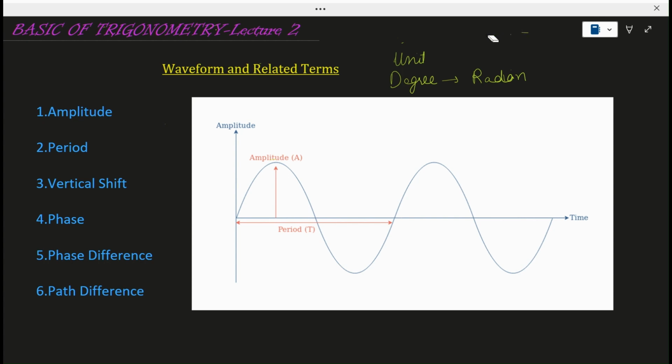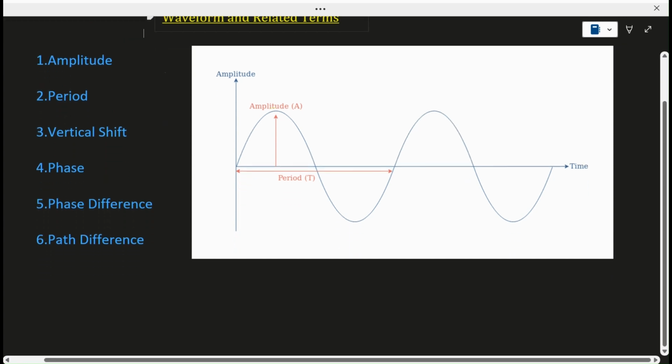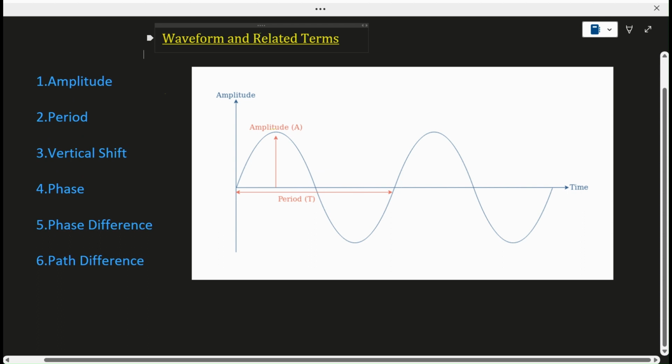So let's move on further. Today we are going to start with another topic, that is waveform and related terms. This is a very basic waveform I am showing here. This is a sinusoidal waveform, representing a sine wave. Just keep in mind that a sine wave is a sinusoidal wave which repeats itself after certain intervals of time.